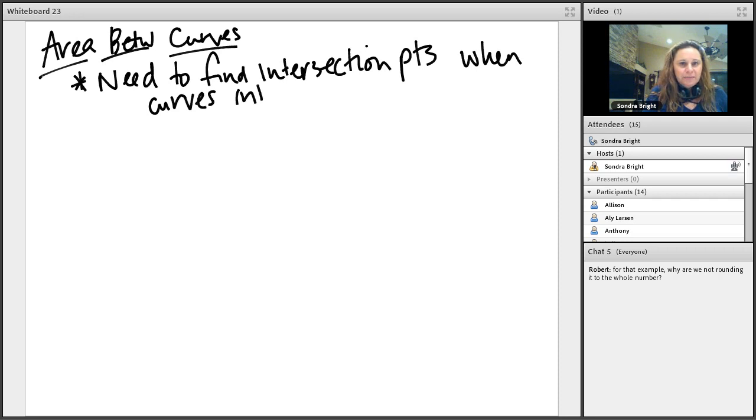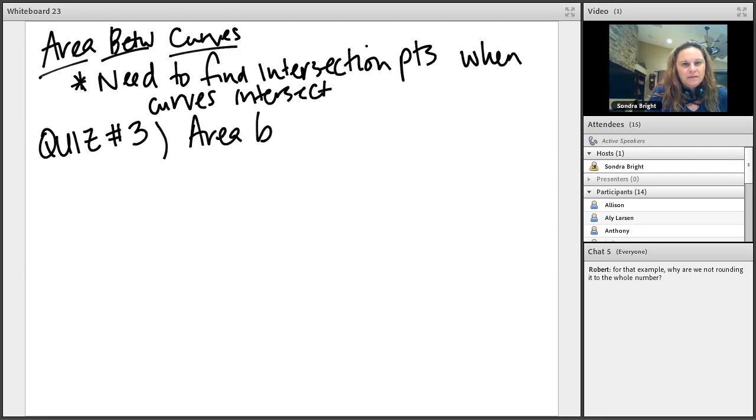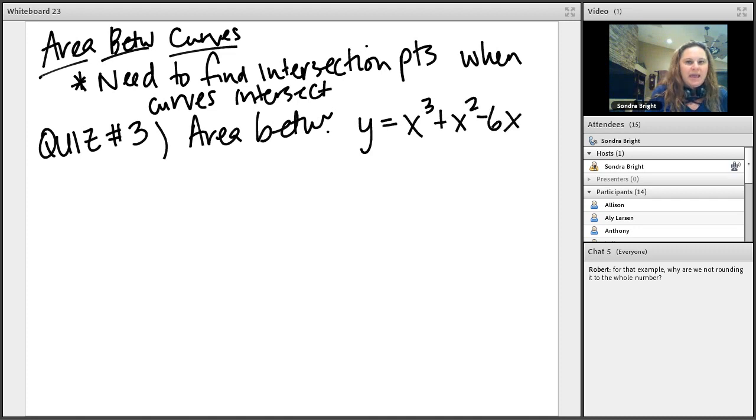A perfect example of that one is quiz number 3. They wanted you to find the area between y equals x cubed plus x squared minus 6x and the curve y equals 6x.